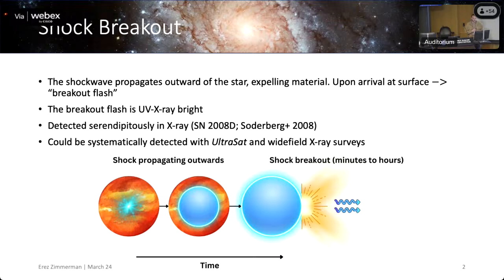So we have at least one example of such X-ray burst from a supernova shock breakout, and would reveal a lot of the progenitor properties if they could be systematically detected, which hopefully they would be with ULTRASAT and also wide field X-ray surveys that are coming up or already observing.